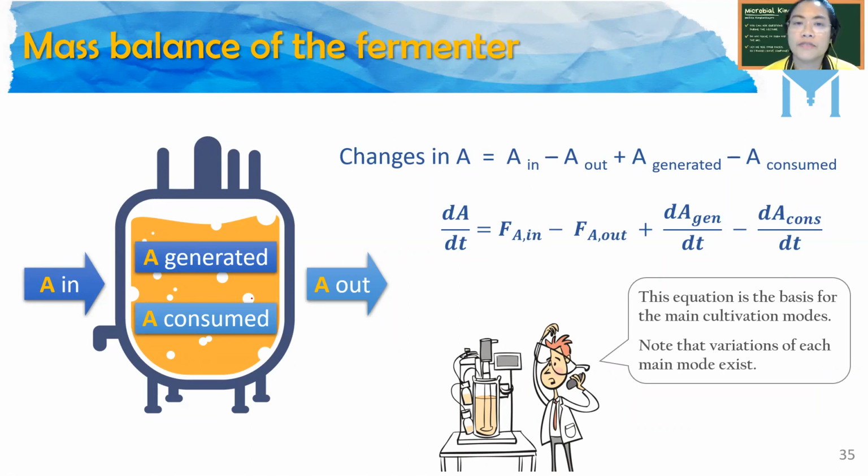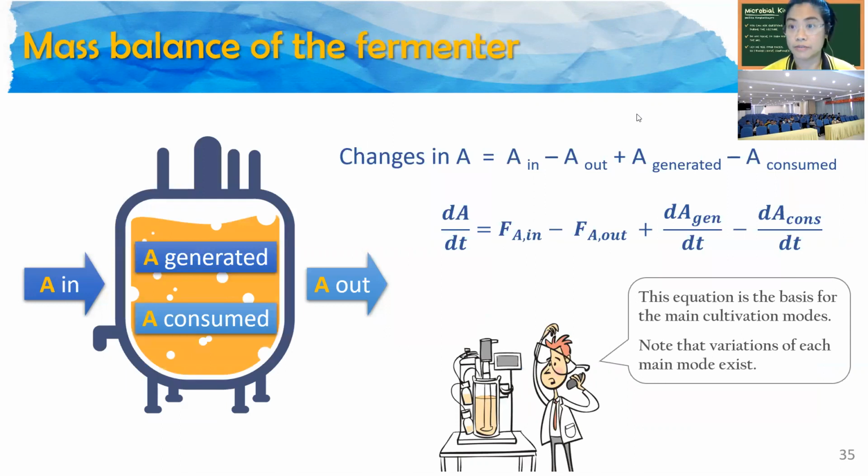The first thing first, when we are talking about fermentation, we are talking about cultivating things in the fermenter. So when you are cultivating things in the fermenter, of course, mass balance is an important concept. The three different modes of fermentation will have different mass balance.